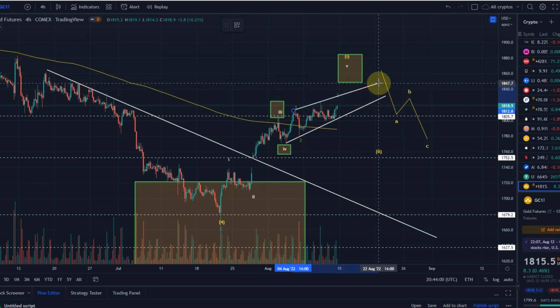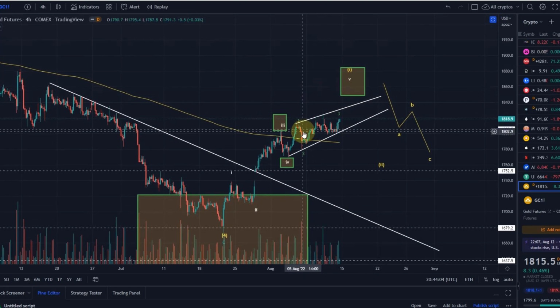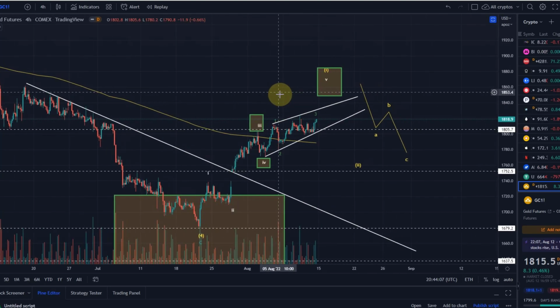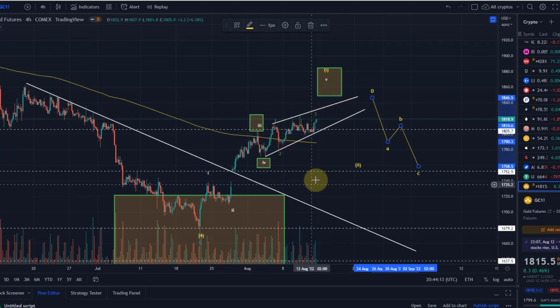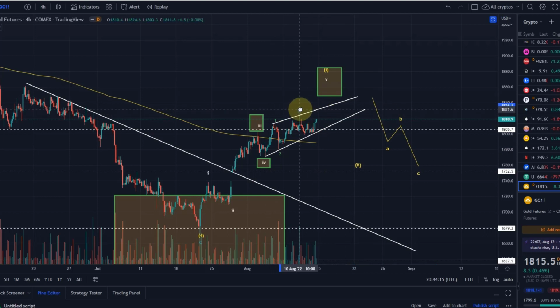But let's say if we draw it like that, we will miss the overall target range. Now that would not invalidate this overall wave count. It is just a different wave 5 which is unfolding here, and we could call it an ending diagonal.